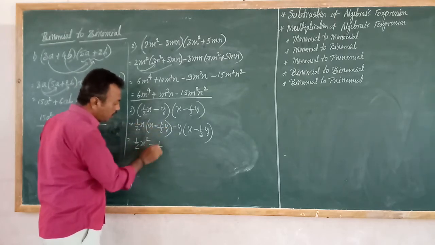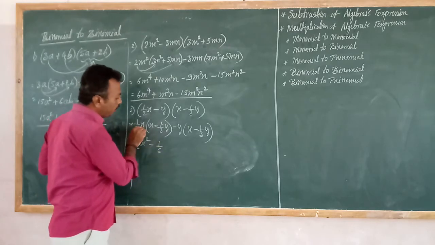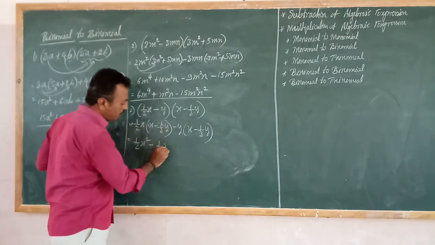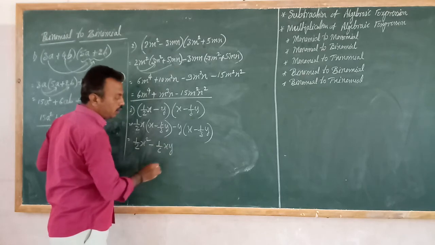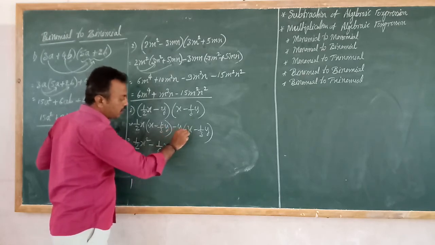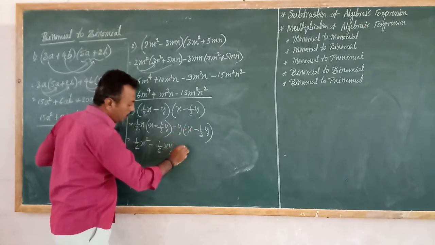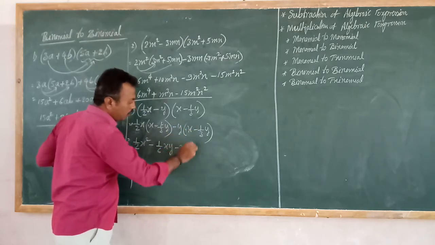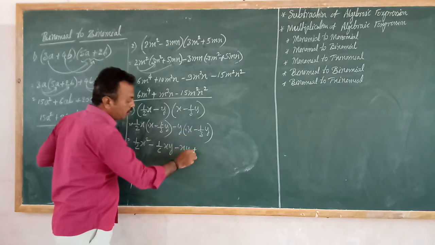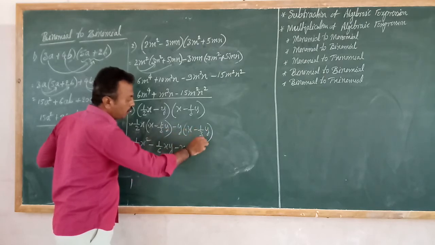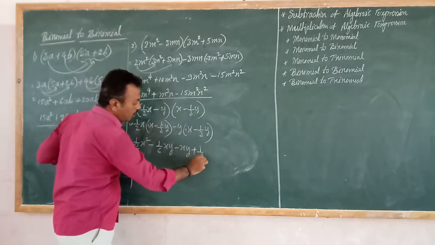Numerator and denominator, multiply that. After variable multiplication, here x is there, here y is there, therefore we put xy. After that, minus is there, here plus is there. Minus into plus, minus. y into x or x into y, xy. Then minus into minus, plus. After that, 1 by 3 into y into y, 1 by 3, y square.